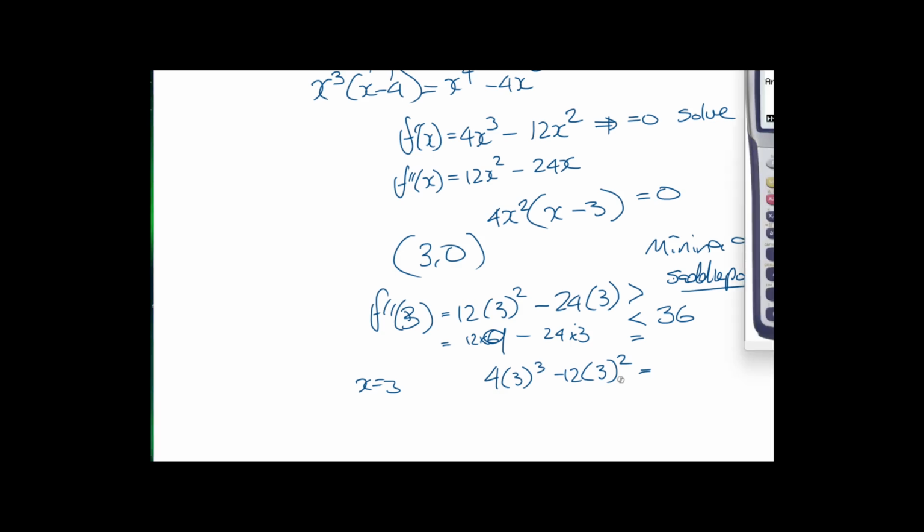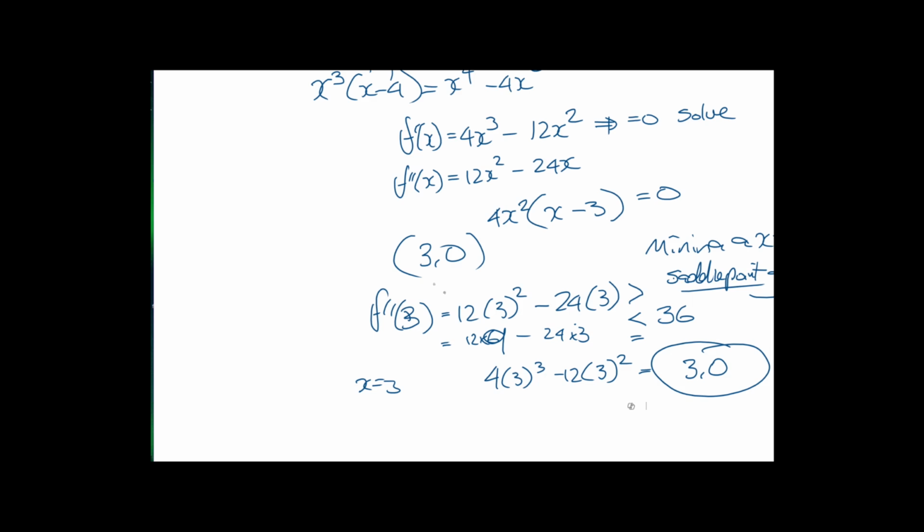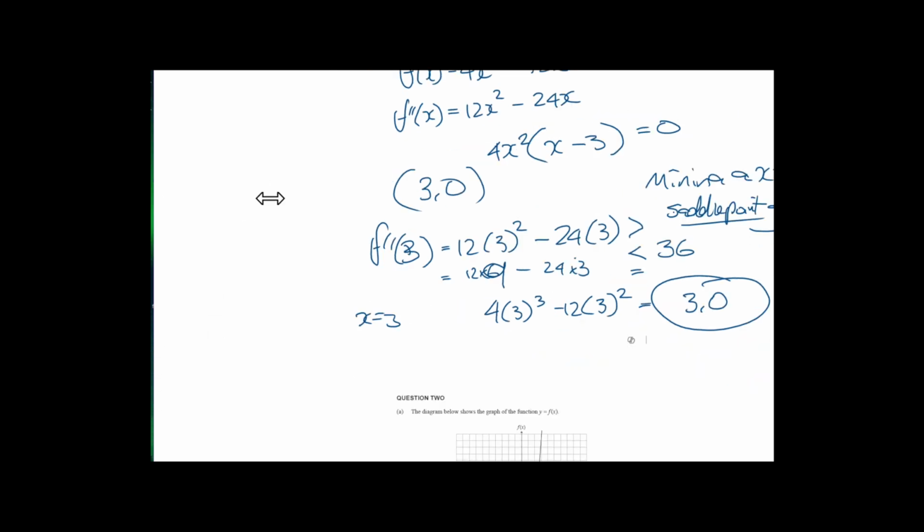So therefore there is a local minima at 4 times 27 minus 12 times 9, 0. So therefore there is a local minima at 3, 0. If I've done that wrong, please let me know. I don't mind at all.